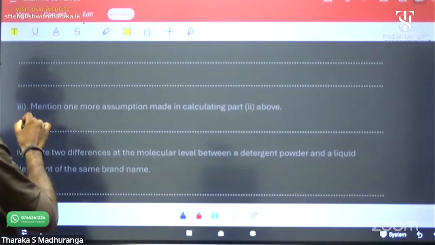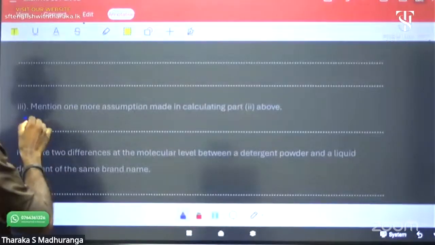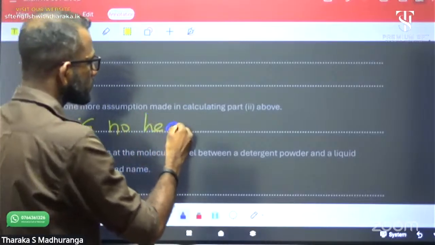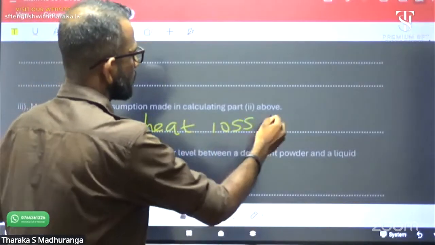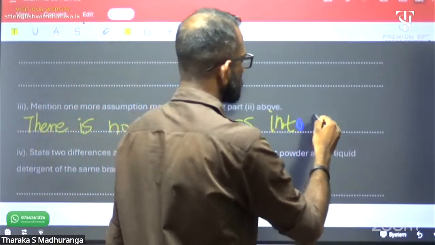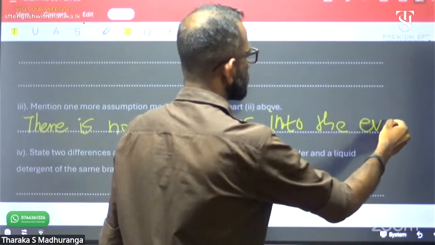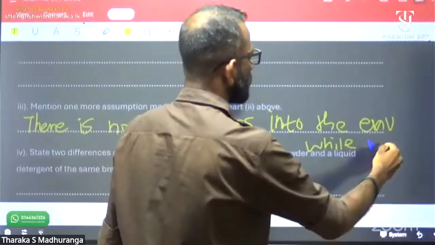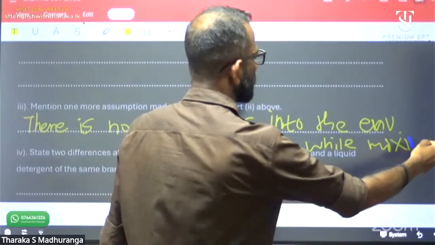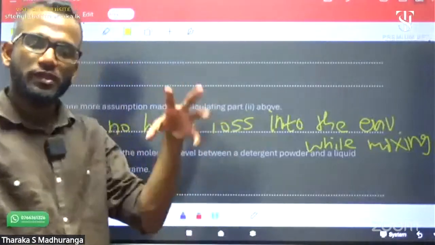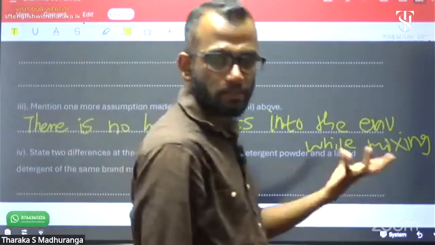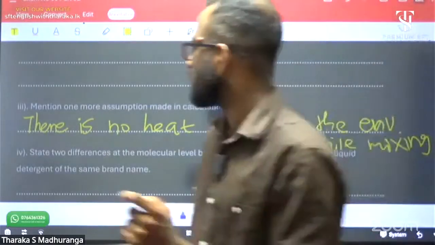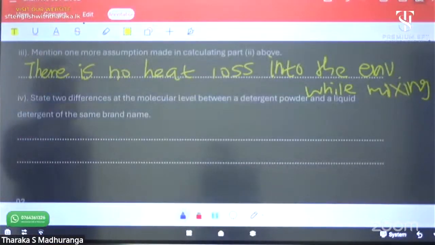There is no heat lost into the environment while mixing, right? While mixing, there is no any heat loss. Okay, that is the next assumption. That's why we got the entire heat production, right? If it is lost, it will be changed, right? Okay, this question you all are correct.